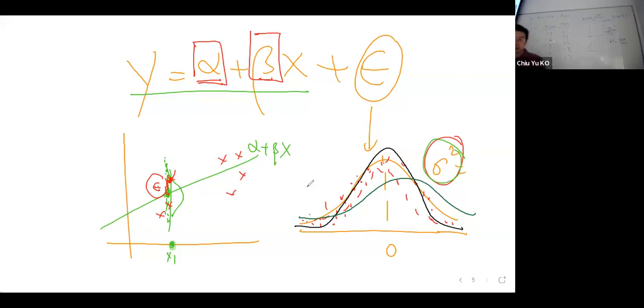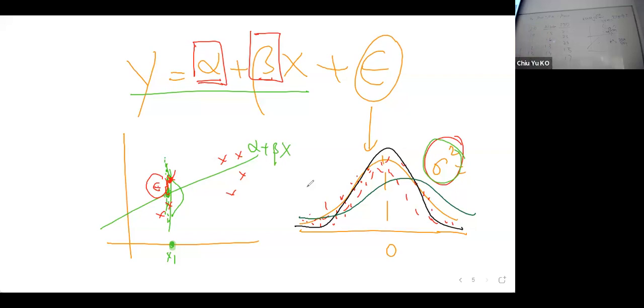And if you run the regression, I didn't talk about that, but if you assume this is a normal, the coefficient you estimate in this way is the same as what we think about as minimizing the vertical distance squared. So let me repeat. If you look at the regression we teach you, minimizing the vertical distance squared will be the same as assuming the error follows a normal distribution.